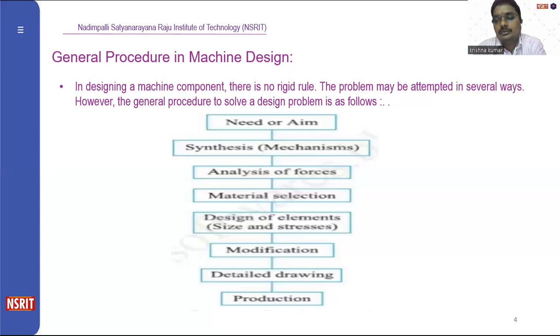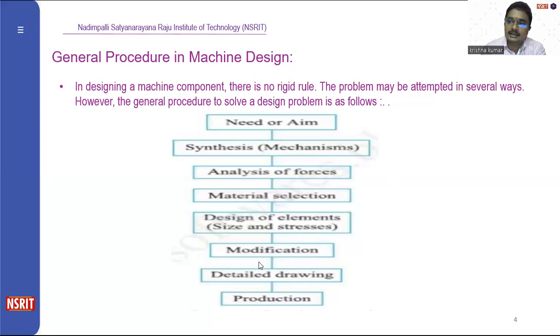So before manufacturing the products, we have to check it by using several tests which we can do on our material or prototype. Then if we are facing any sort of difficulties, the next step is modification, and after the modifications we have to again go for a detailed drawing.